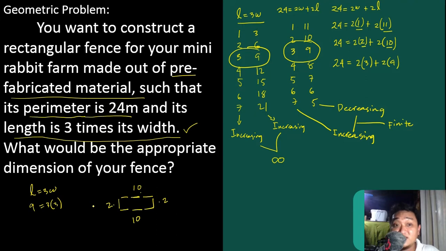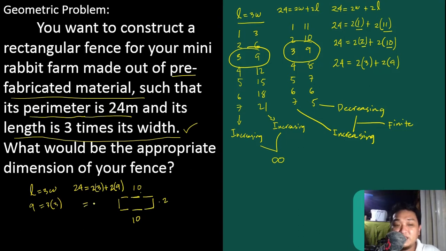How about for the second situation, wherein the perimeter is 24? If we are going to solve for the perimeter, na dapat yung perimeter daw niya is 24, that is 2 times the width, which is 3, and 2 times the length, which is 9.